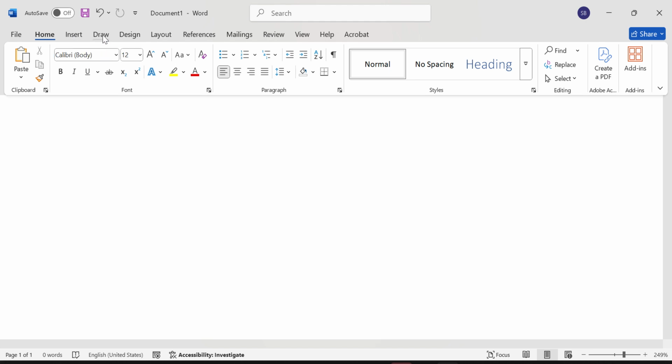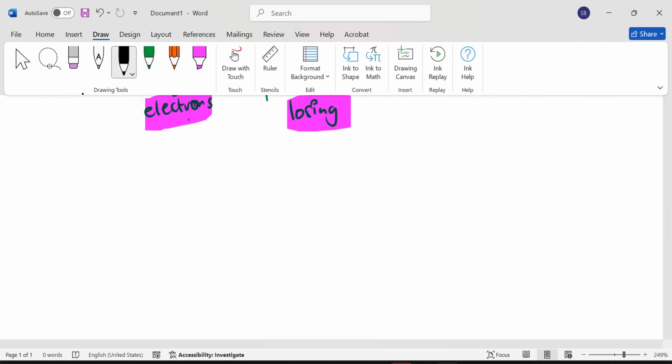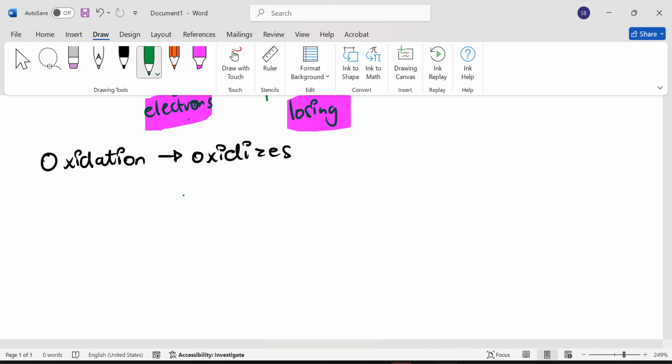A very important point: when something undergoes oxidation, so we have a certain substance and it undergoes oxidation, we say that substance oxidizes. When you go back to English, oxidation is the noun, oxidizes is the verb.